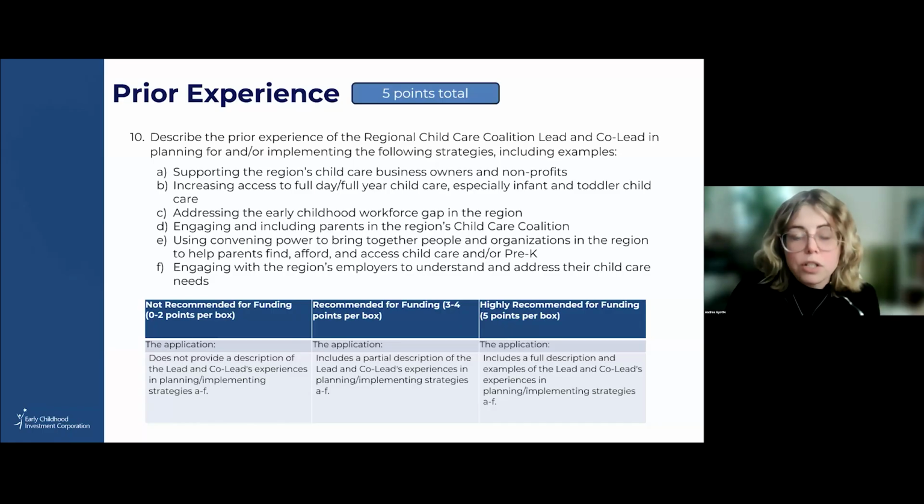So supporting the region's childcare business owners and nonprofits, increasing access to care, specifically infant and toddler, addressing the workforce gap, engaging parents and including parents, using convening power to bring people together in the region to really increase that access and capacity to childcare, engaging with employers to understand and address their childcare needs. So this is a heavy question, right? We've got it here for 5 points. We've got does not provide, partial description and full description here.